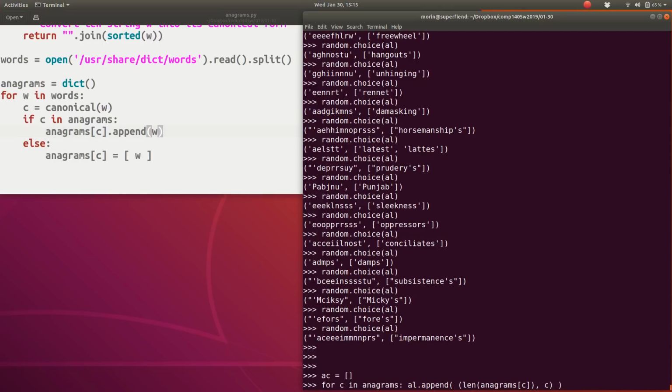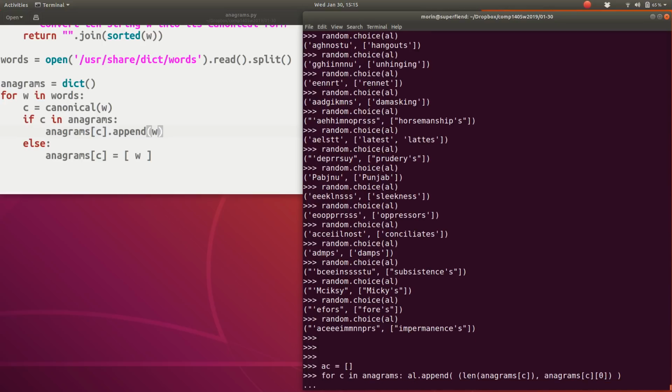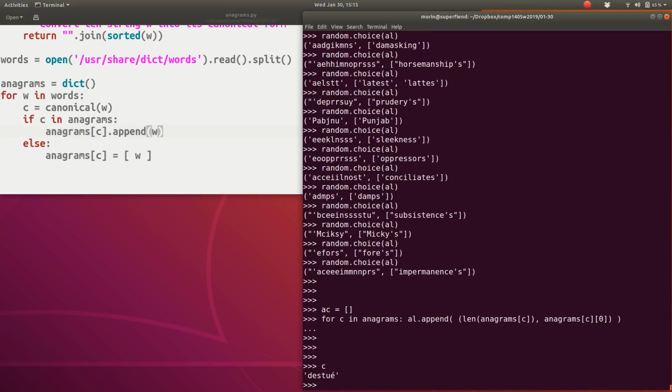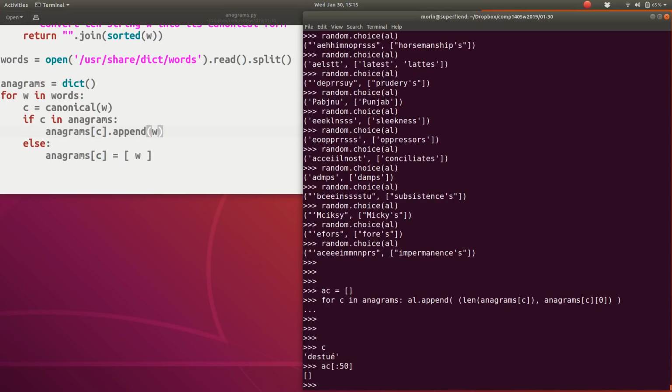And maybe so that we're not looking at canonical forms, we'll actually look at one of the elements in this, the first element of that list. Okay, so let's see, AC up to 50, or AL up to 50.